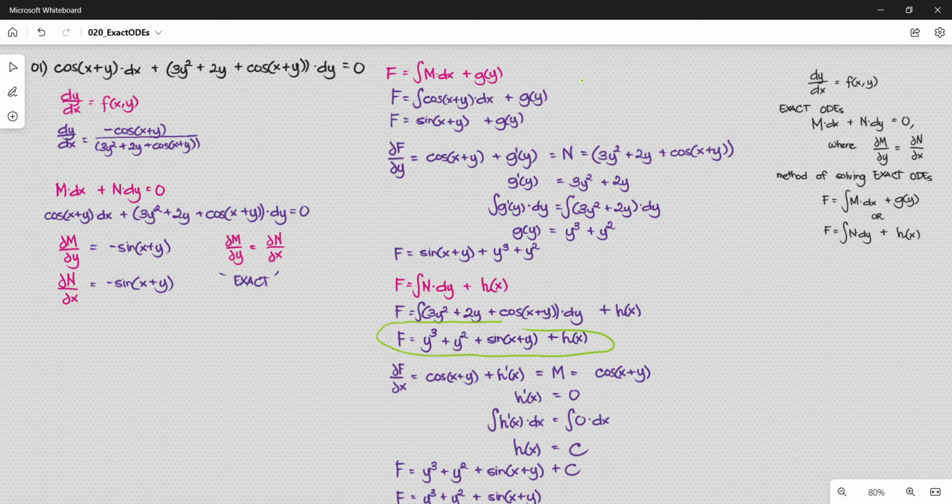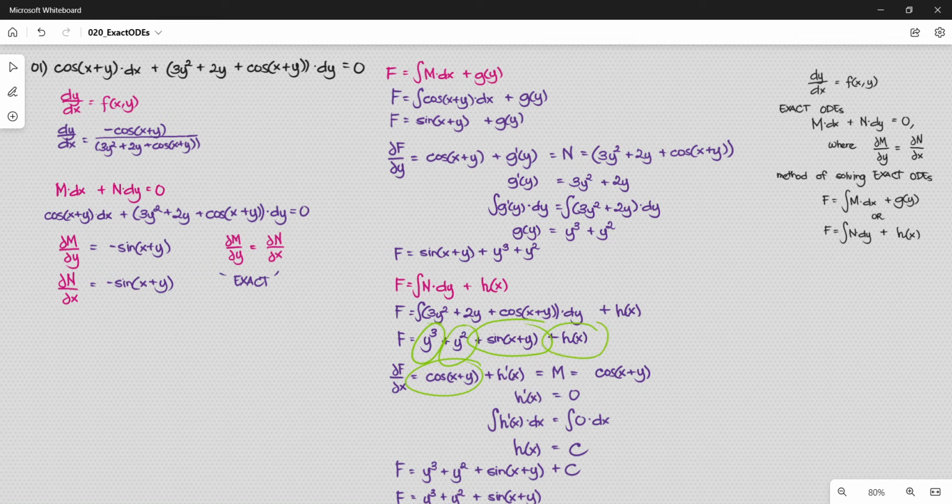Okay, so ito na yung general solution natin. Pero gusto pa nating malaman kung ano yung h of x na to. Para malaman yung h of x na yan, kunin natin yung partial derivative nito with respect to x. I-hold natin yung mga y as constants. So, derivative nito while holding y constant, 0. Yung derivative nito while holding y constant, also 0. Tapos yung derivative nito while holding y constant is cosine x plus y.